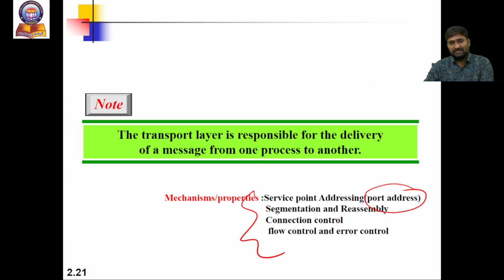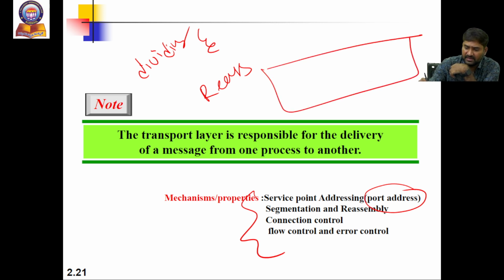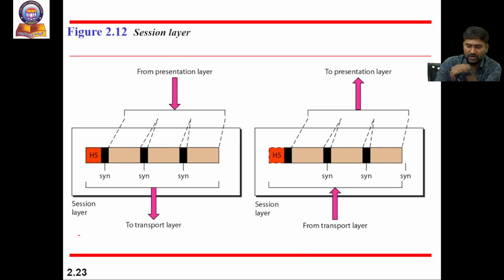Next, segmentation and reassembly. Segmentation is nothing but dividing, and reassembling is nothing but making these segments into the same packet again. I have a large packet, 1 GB of data, and I'm dividing this 1 GB of data into 10 packets: first MB, second MB, third MB, fourth MB, fifth MB, and so on.